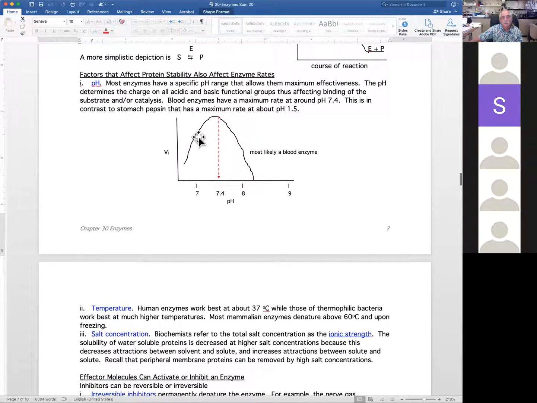So if I'm looking at this one right here, the initial rate is low over here. When I start to increase the pH, oh, the enzyme gets faster and faster and faster. But then it starts to slow down. So where is its maximum? Oh, it's about blood pH, so this is probably meant to be active in the blood.